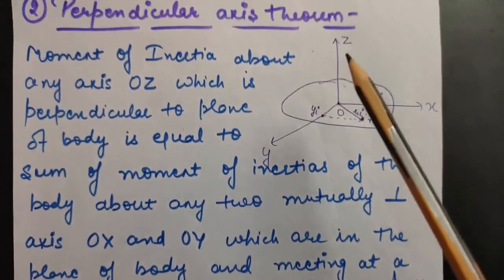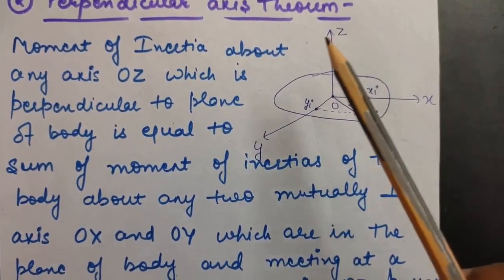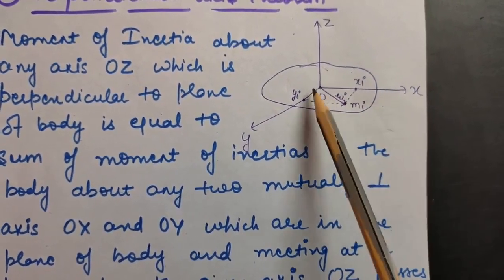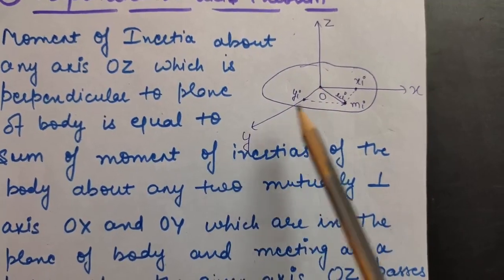That is, the moment of inertia about OZ is equal to the sum of these two axes, OX and OY, which are parallel to the body.